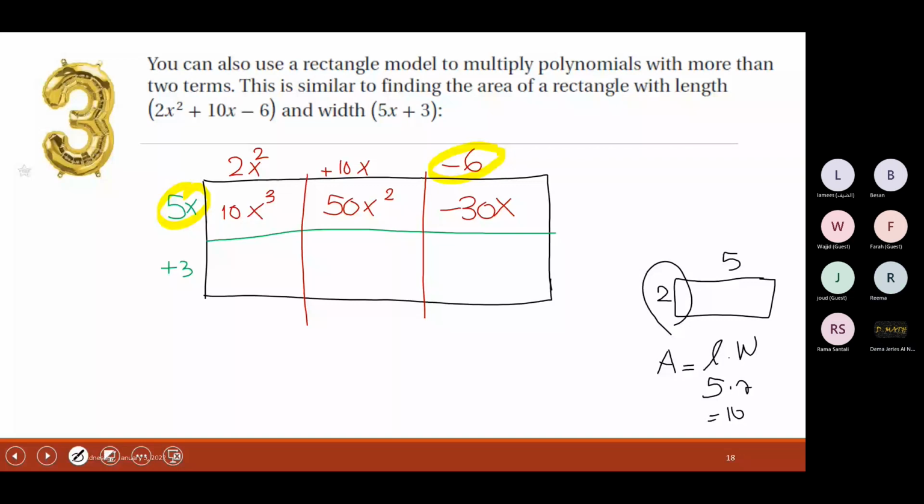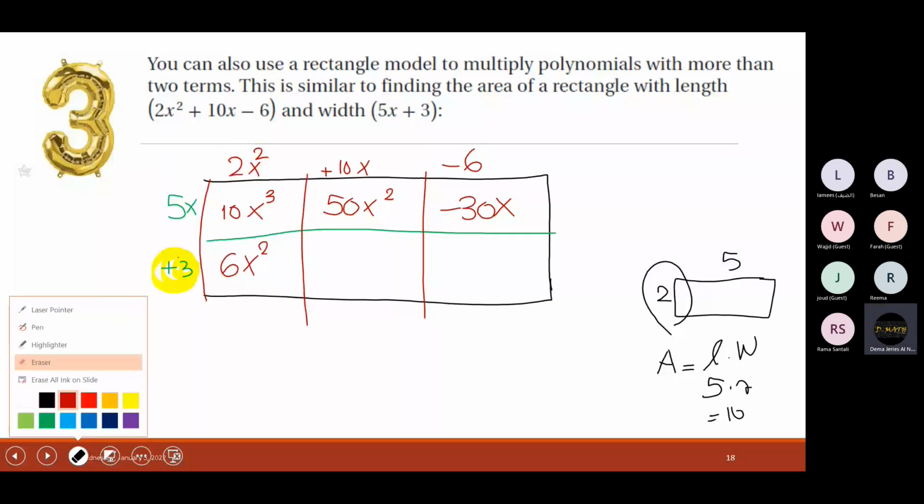Yes, teacher. Now after I finished, I multiply 2x squared with 3. So 2x squared times 3 is 2 times 3, 6x squared. Then I multiply 10x with 3, where 10 times 3 is 30x.